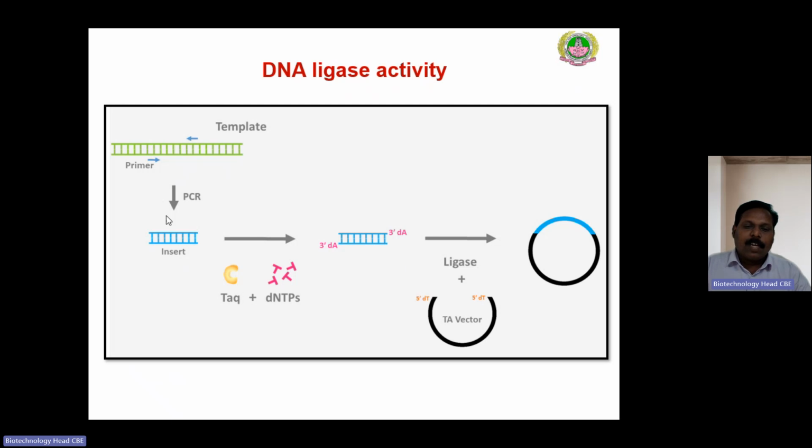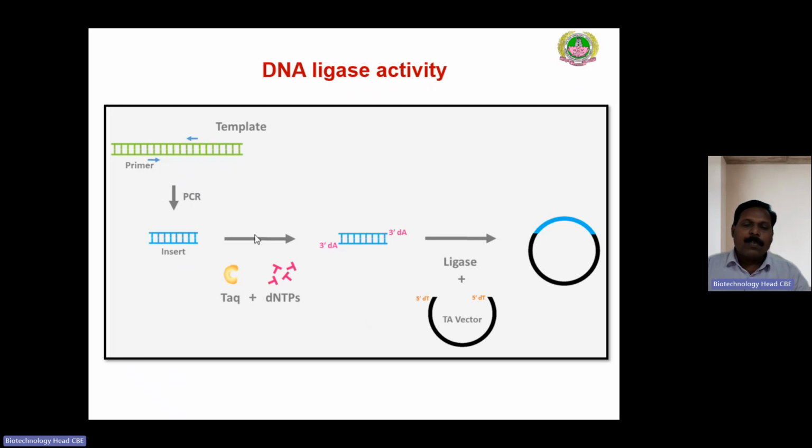In this case, when this PCR or polymerase chain reaction is executed by using a common enzyme, polymerase from Thermus aquaticus, this Taq DNA polymerase typically generates the overhangs which can be used to clone in the TA vector systems.